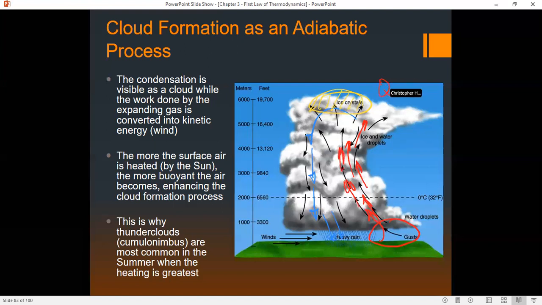More latent heat is released as the warm, moist air, this is usually the warm air in front, is converted from a vapor to a liquid. And then behind here, you've got the cold air, which is allowing even more of the moisture to condense.